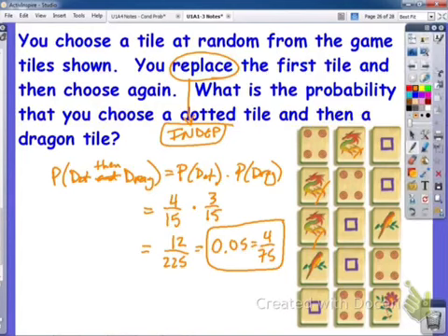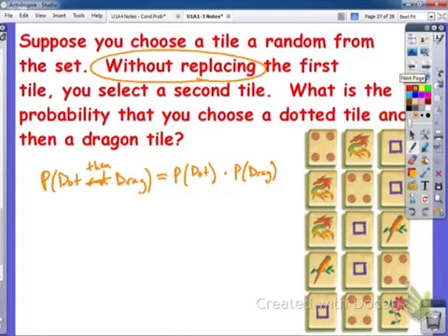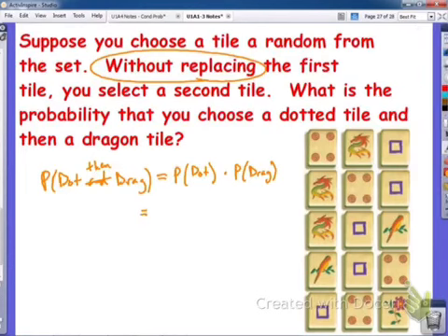Now, next, let's do the exact same problem, but now we are not replacing. So what's the probability of selecting a dotted tile to begin with? 4 out of 15. It's the same thing as before, right?